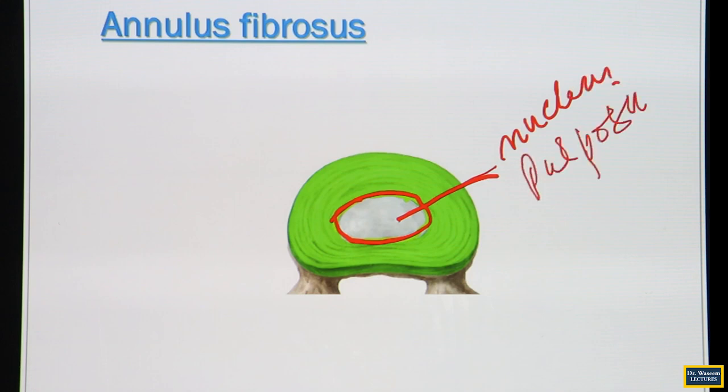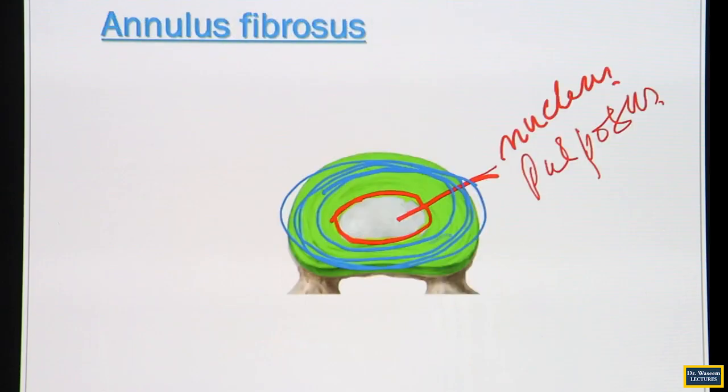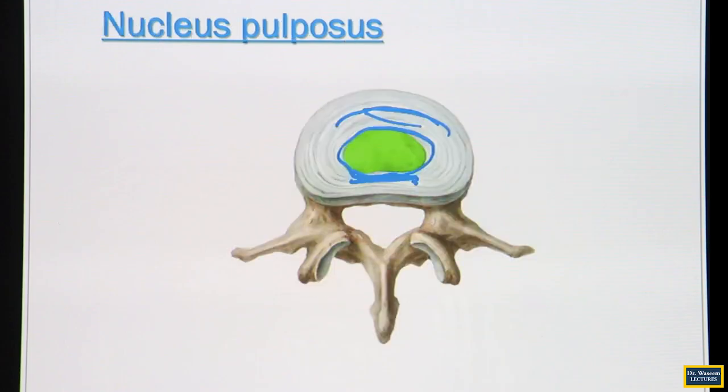pulp-like, gelatinous. But the tissue which is around it is fibrous.